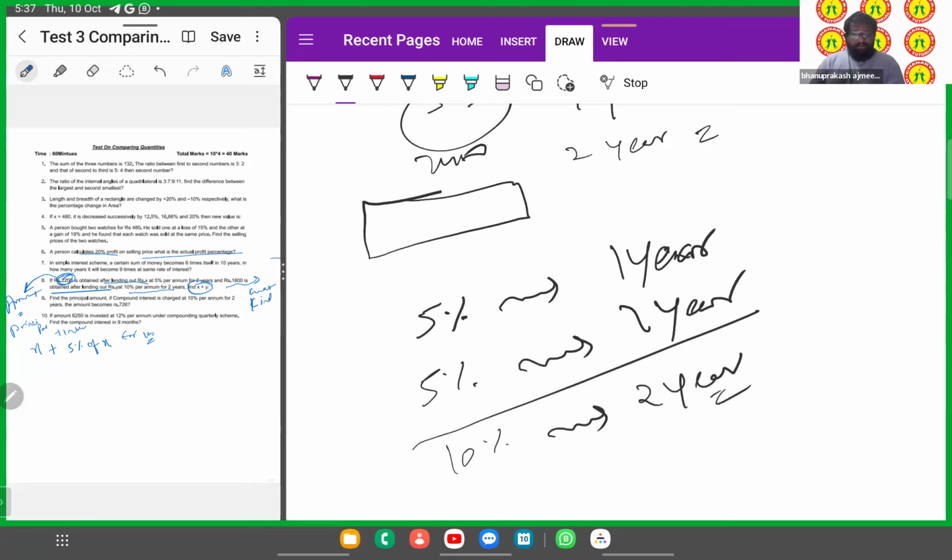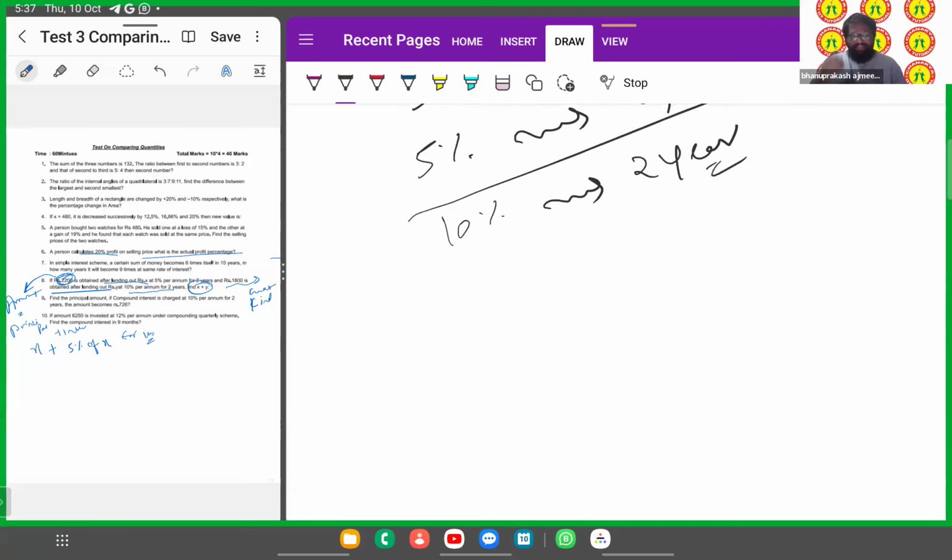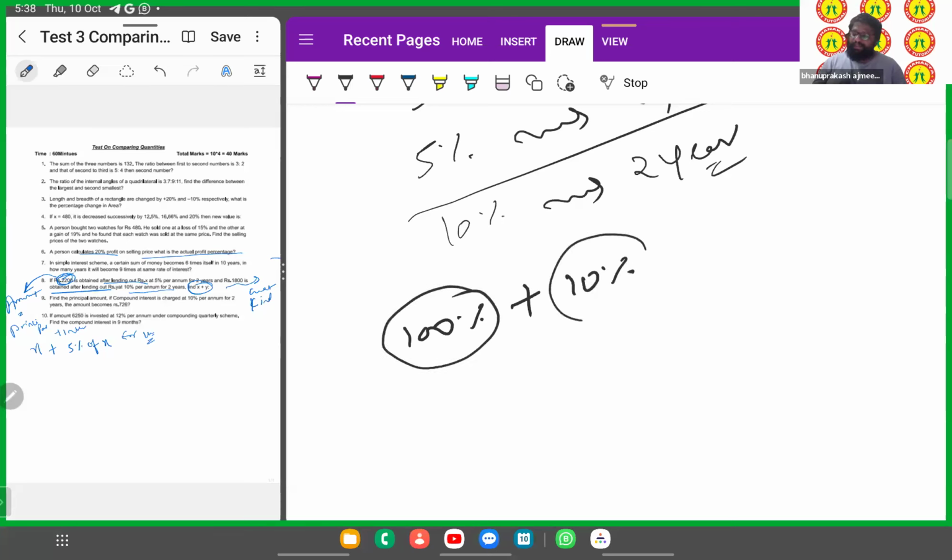So the amount actually received is 100% plus 10%. 100% is the principal and 10% is the amount added, 5% per each year. So 110% is equal to 2200.